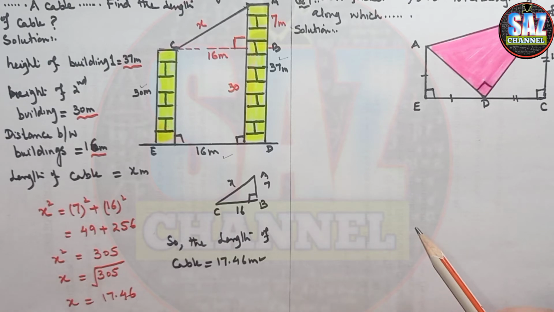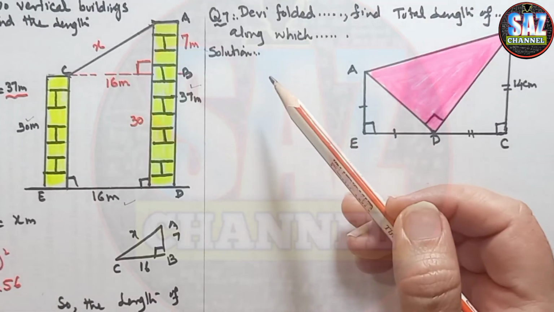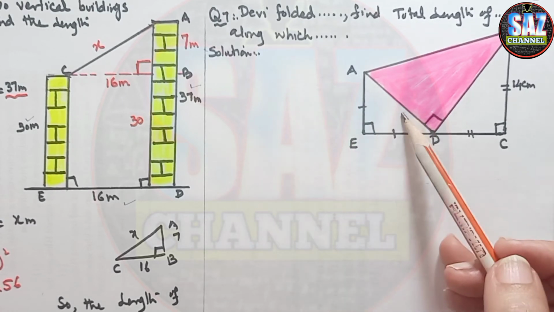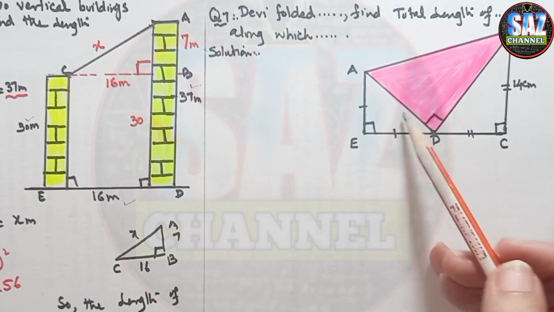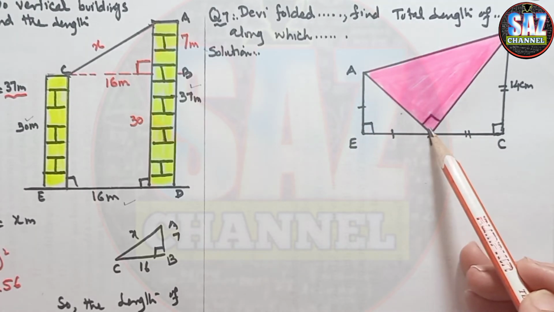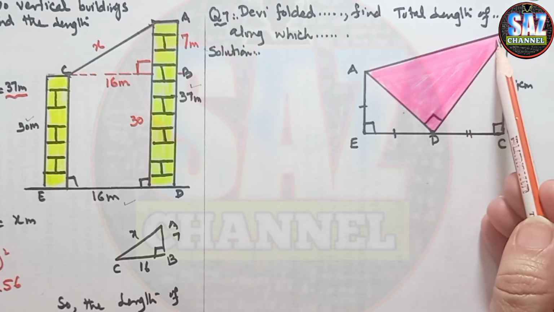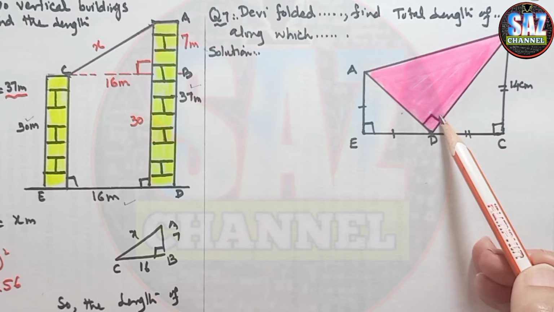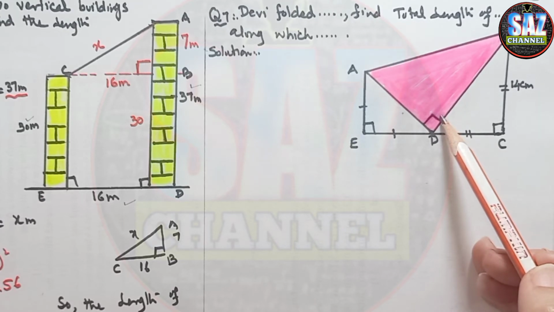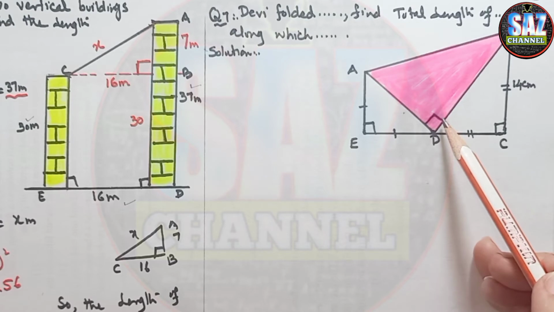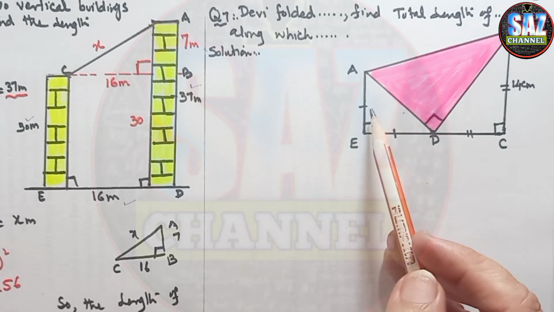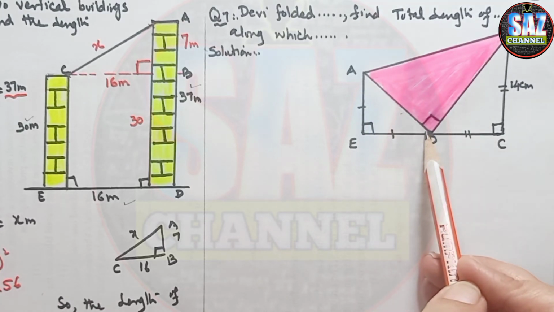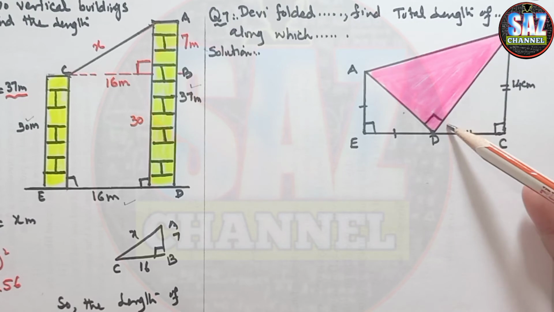Okay, and question 7 says that Devi folded a sheet of paper into an envelope as shown in the figure. In the figure, angle AED equals angle ADB equals 90 degrees, meaning that these two angles are 90 degrees. To seal this envelope, she has to put the glue along AD and DB.